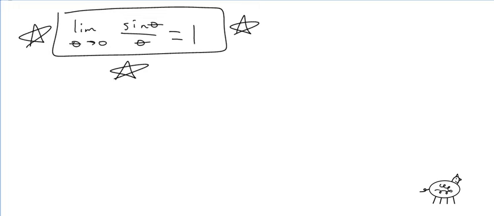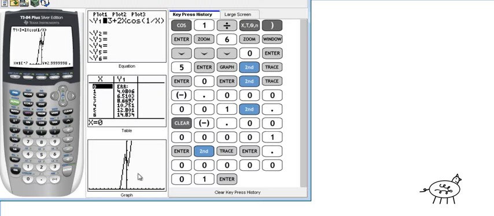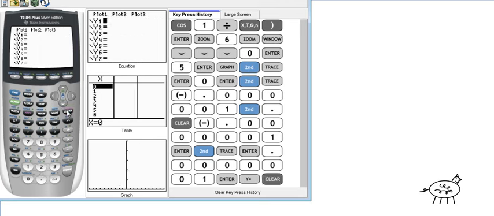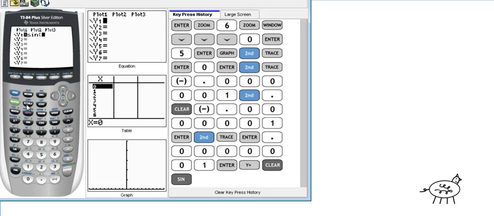Real quickly, I just want to show you with the graphing calculator. Let's clear this out of here, and let's do sine of theta, or x, divided by x.